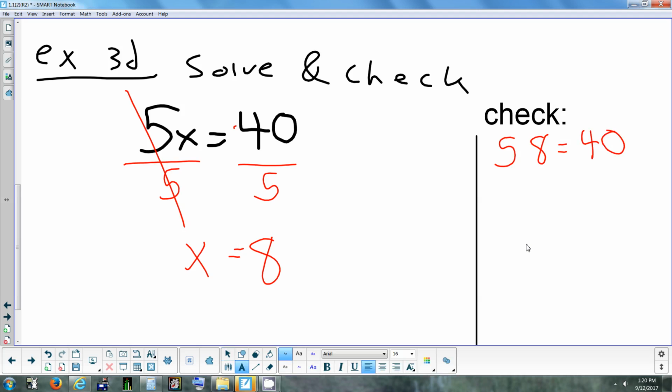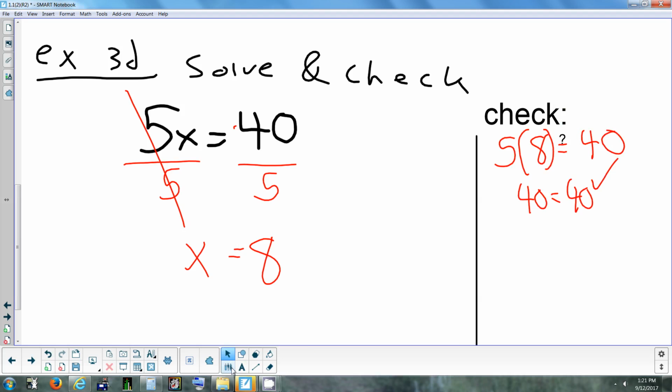Is there something I could put there just so I know that's multiplication? Like Joel told us on the last one, right? So I'll put parentheses. 5 times 8 is what, Xander? 40 equals 40, check, I'm good. All right? We're all set.